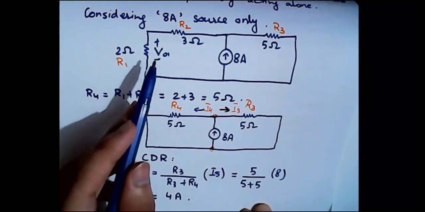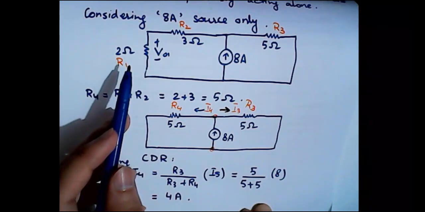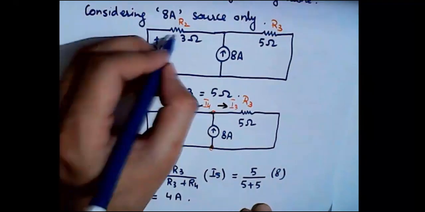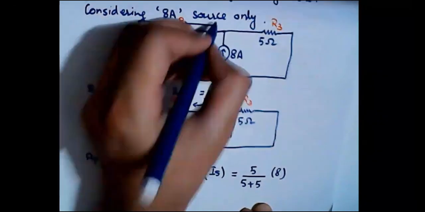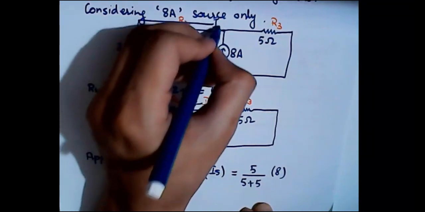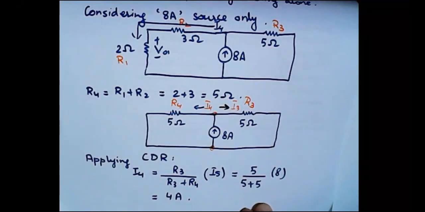So by the help of Ohm's law we can calculate the value of voltage as V is equal to IR. And you should also note that the current is moving in this direction, which is the direction of current I4, so the current is entering the positive terminal. You also need to check the polarities of current here, right?